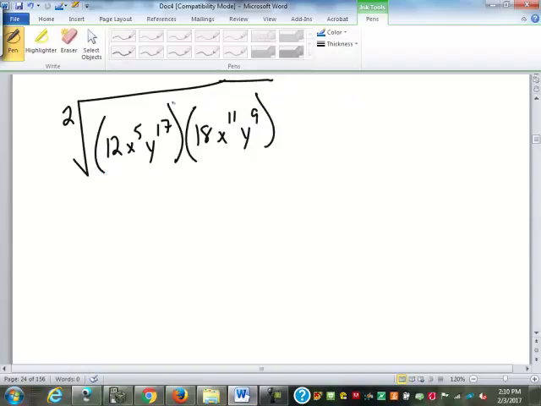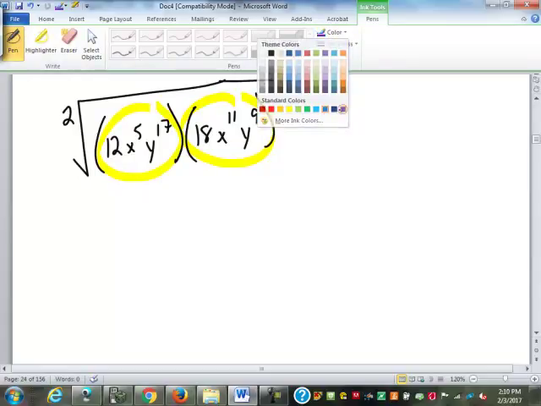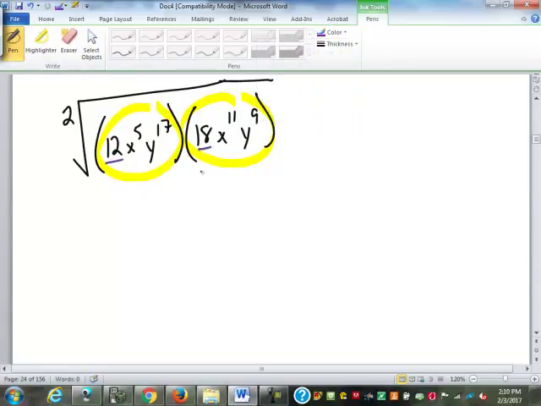So again, we got to do the multiplication inside here first. What is 12 times 18?